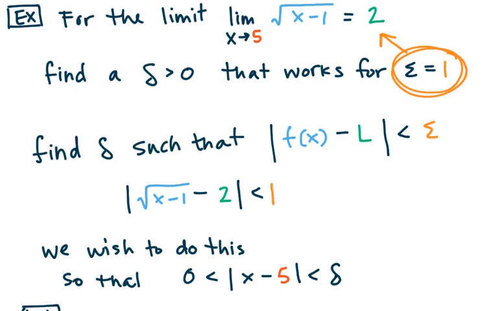So if I choose any value between 2 and 8 for my x, my output is always going to be within 1 unit of 2. And 1 unit above and below would be the interval 1 to 3. So I'm going to rephrase my answer again on the next slide and show you an image.